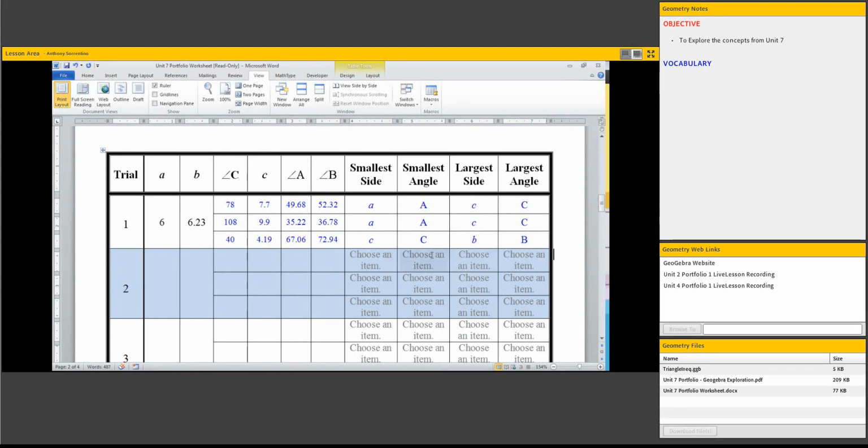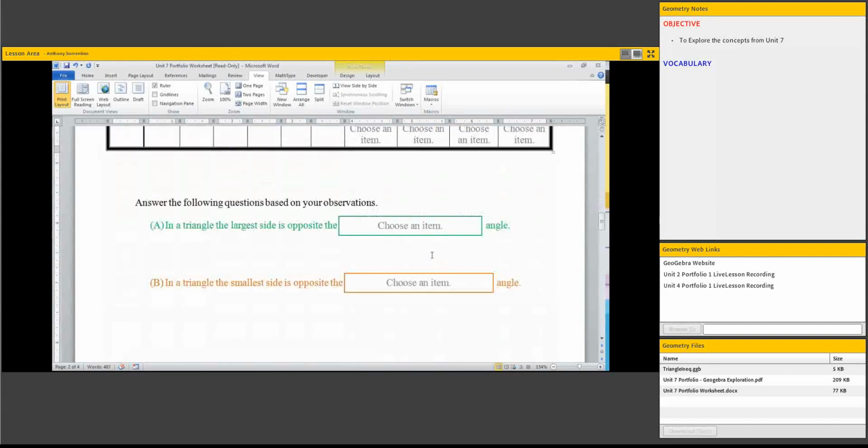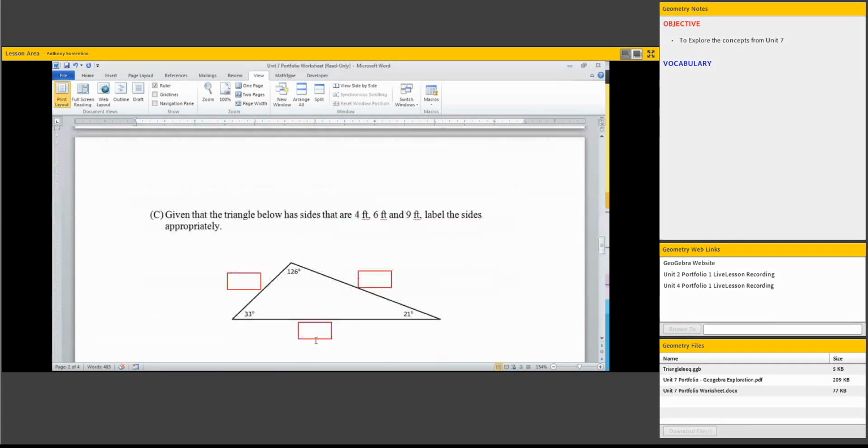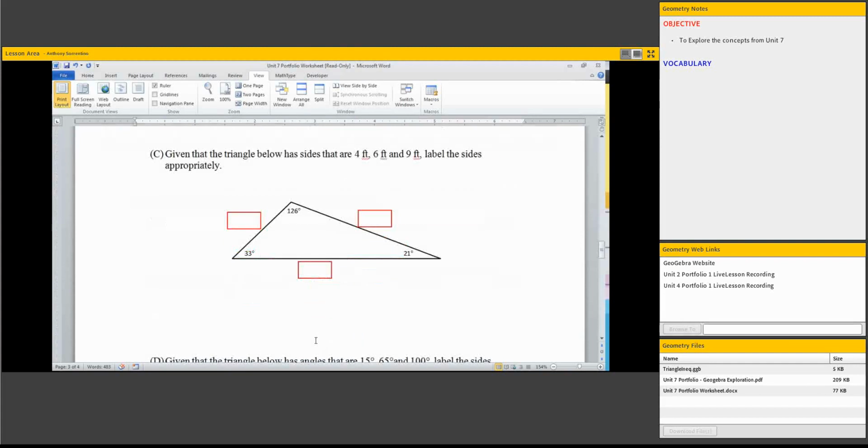That's the rule that we talked about. In a triangle, the largest side is opposite the largest angle. In a triangle, the smallest side is opposite the smallest angle. That's always true.